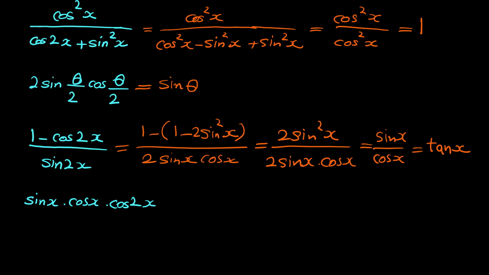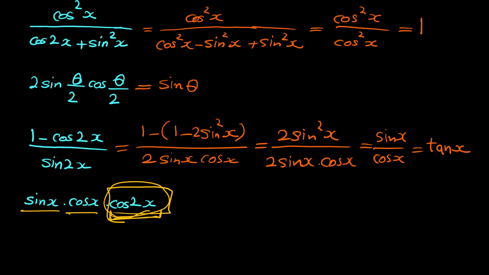Now look at the last example, which is a little harder example. Sine x times cosine of 2x. The first thing that maybe you should think about is to replace this with one of the identities that we have for cosine of 2x, because this is sine of x, this is cosine x.